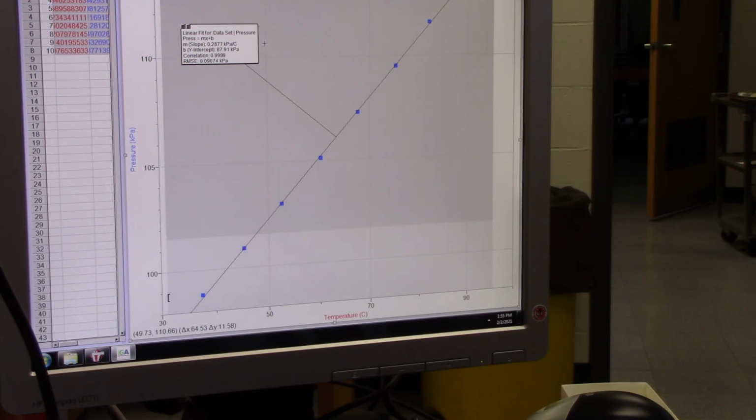You should get a number that's fairly close to negative, somewhere around negative 200 to negative 300. Typically, my classes have gotten around negative 320 or something like that Celsius. The idea is negative 273, because this is a way to find absolute 0. So the value you get should be close to negative 273. All right, and so there'll be questions to deal with this.